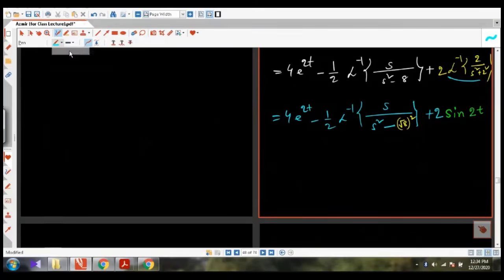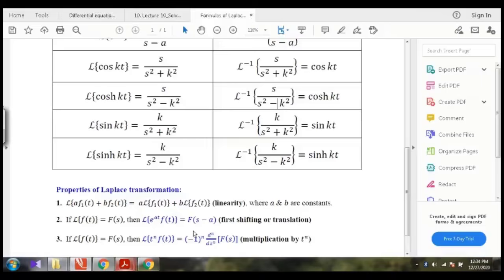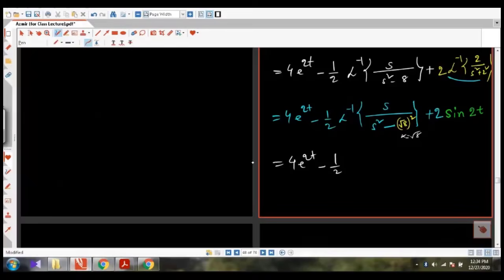So finally, step by step, we are reaching the final result. 1 over 2 inverse Laplace of s over s squared negative k squared. So here remember the value of k is root 8. So what will be the result? It will be hyperbolic cosine kt, that is cosh root 8t.